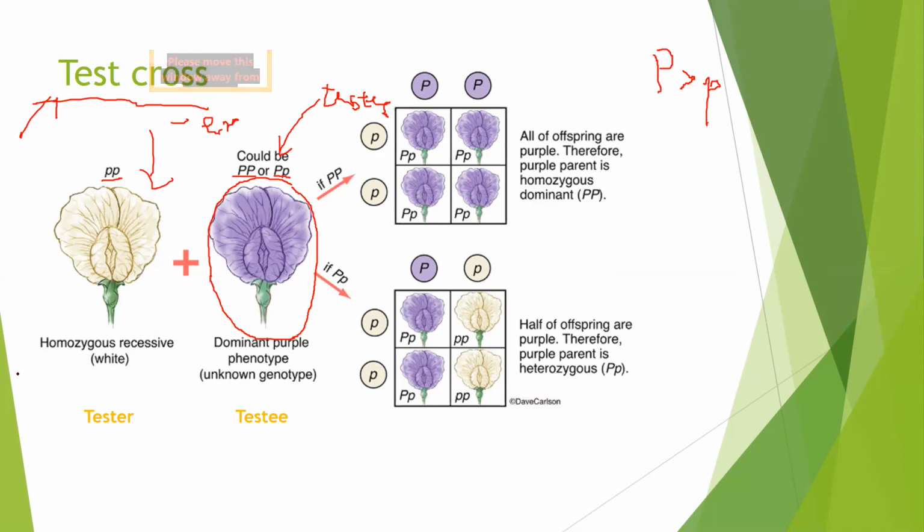We call this homozygous recessive white flower the tester because this individual carries the double recessive alleles. So if we cross this tester with the testee, it will not hide anything about the testee. Let me tell you why.